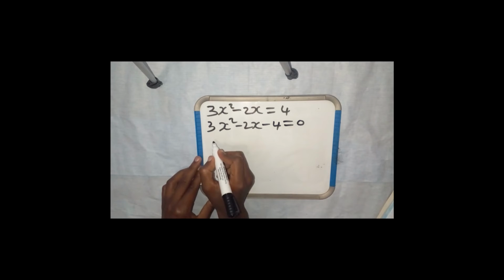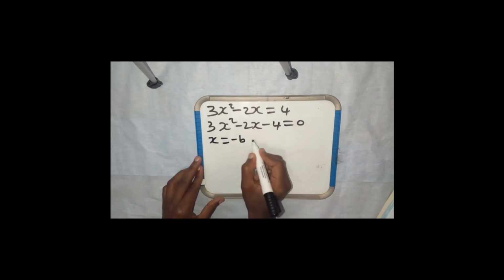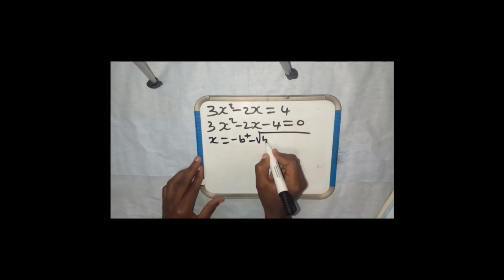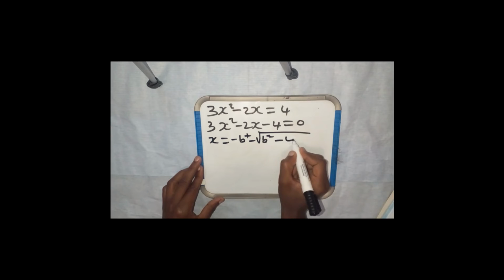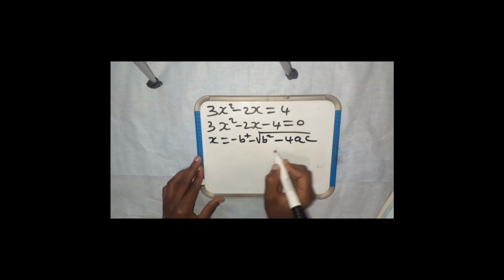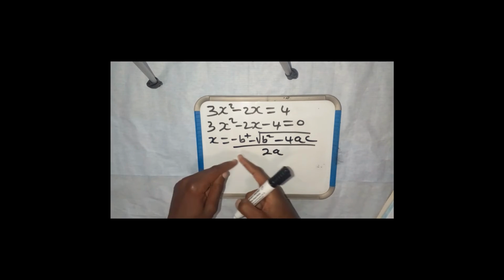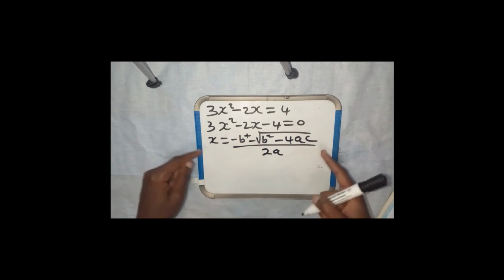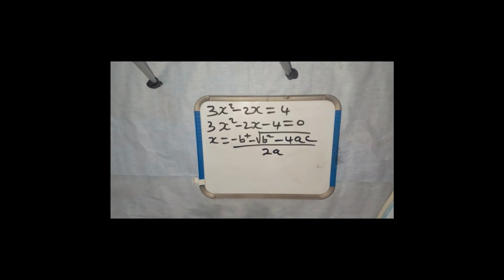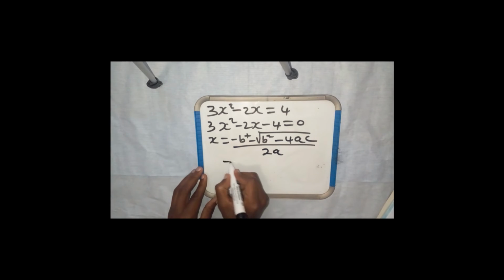Then now it's going to be easy for us to use our quadratic formula. Let us use our quadratic formula now. x is equals to negative b plus or minus square root of b squared minus 4ac all over 2a. Please make sure that your division sign also covers the negative b plus or minus. Now let us substitute.